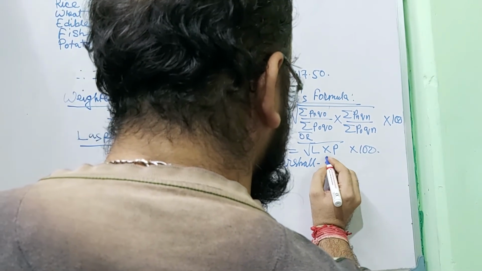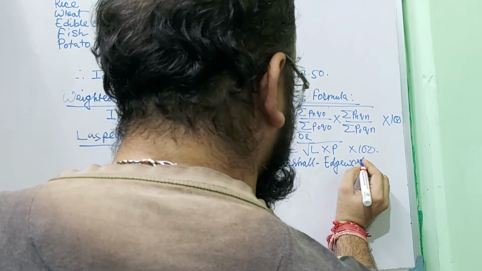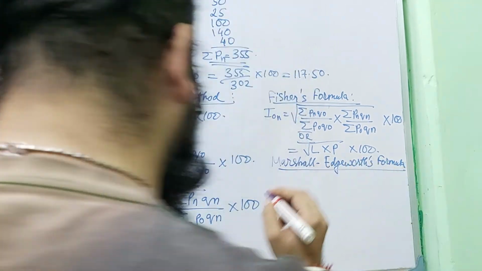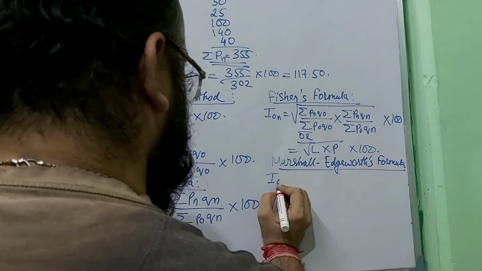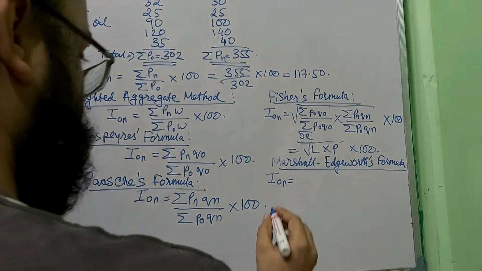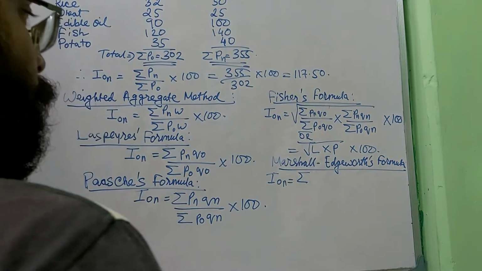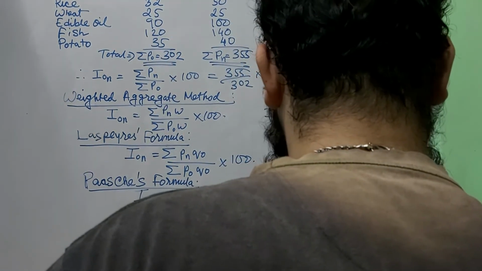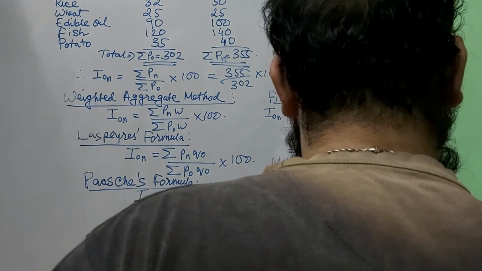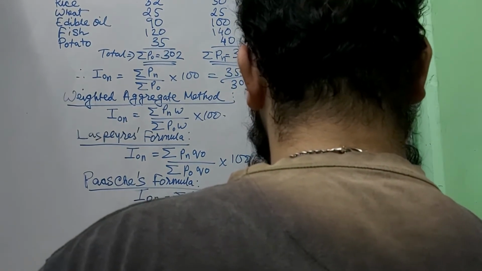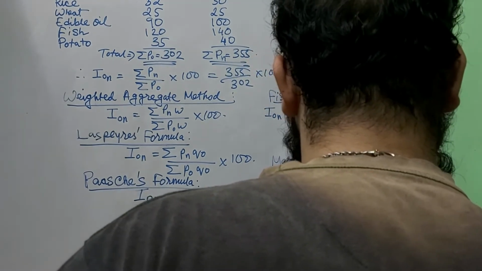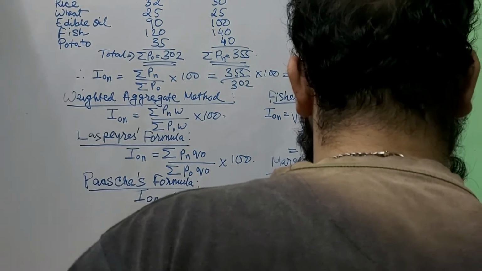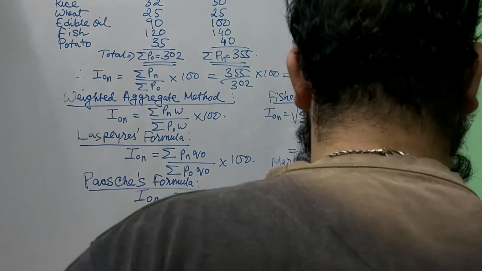Then the Marshall-Edgeworth formula: I0n is equal to summation of PnQ0 plus summation of PnQn, divided by summation of P0Q0 plus summation of P0Qn, into 100.